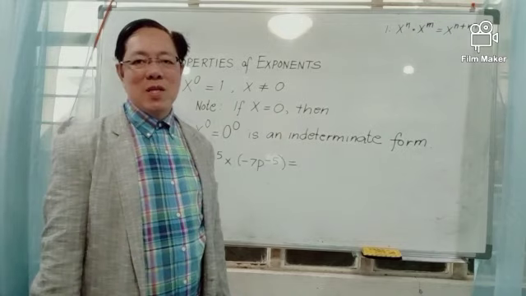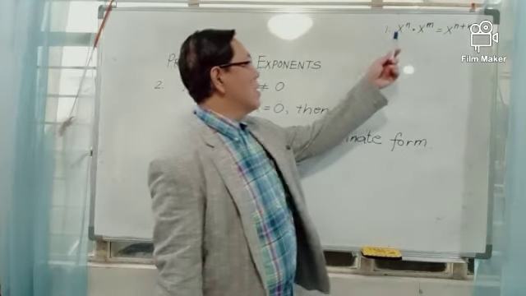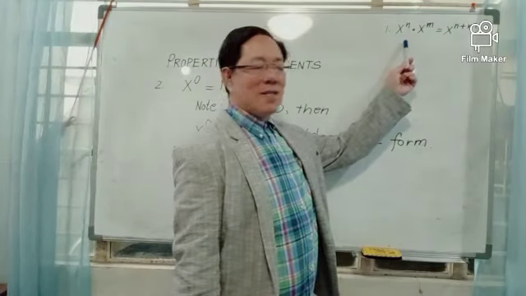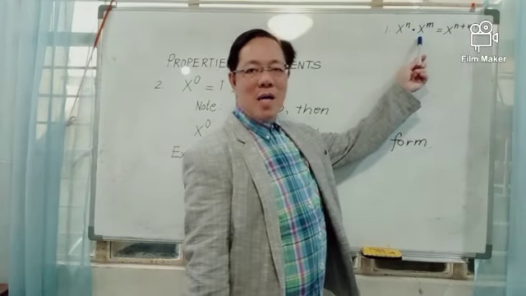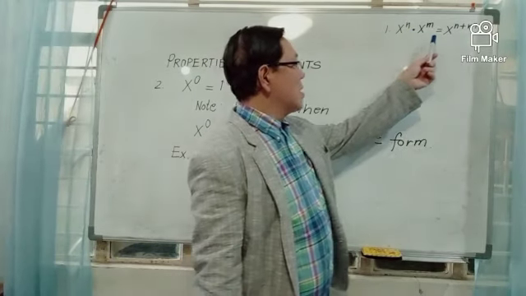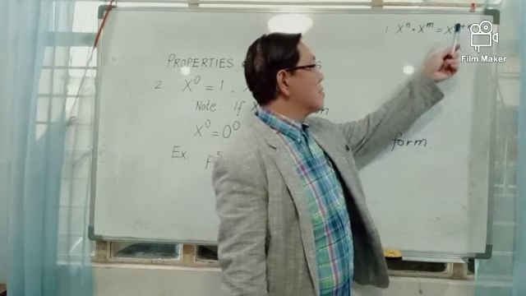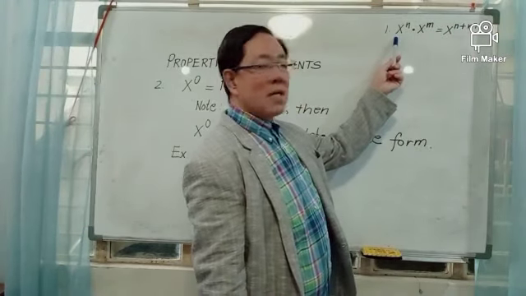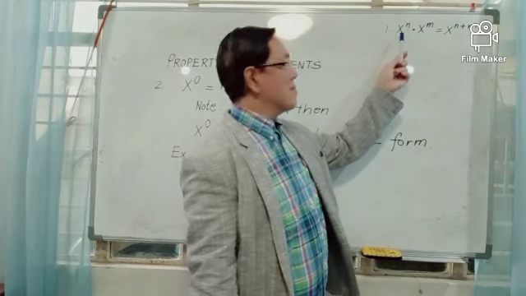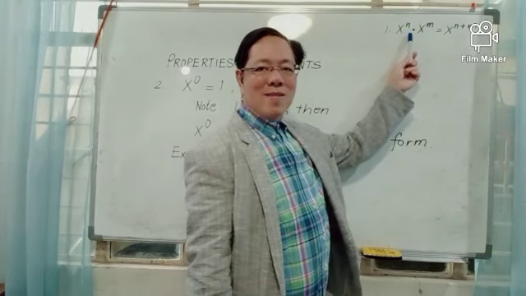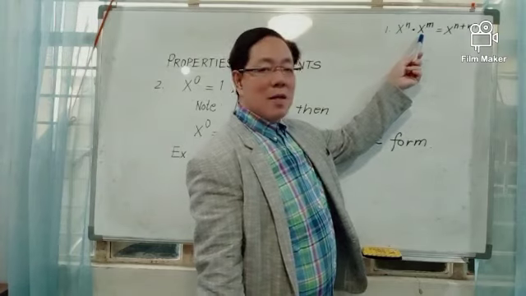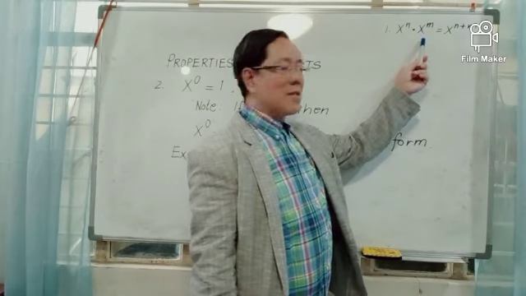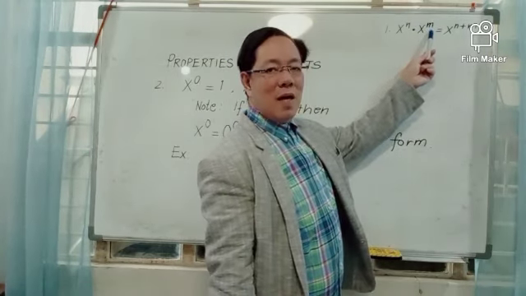Again, the first property of exponent says if you multiply x to the n by x to the m, the product is x to the power n plus m. Here the base of x to the n is x and its exponent is n. In the second factor, the base is x and the exponent is m.